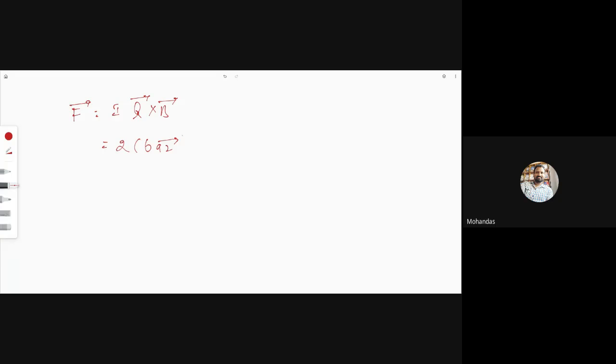AX. Okay. So this is 12 into AZ cross 0.08 into AX. So 12 into 0.08 is 0.96, and AZ cross AX. What is AZ cross AX in the Cartesian coordinate system? AY. So newtons. This is the total force.